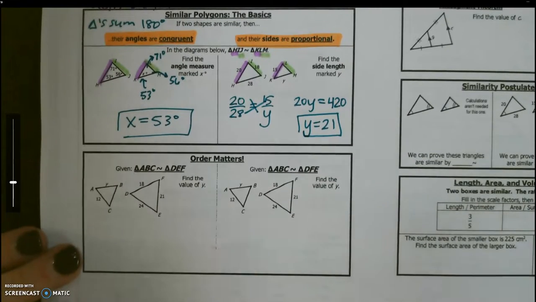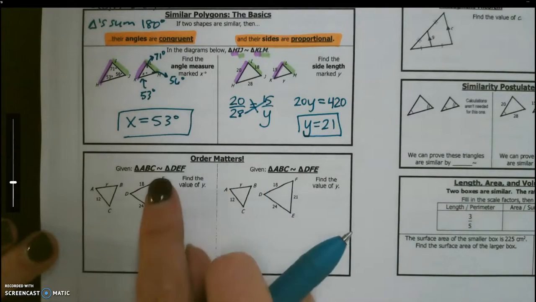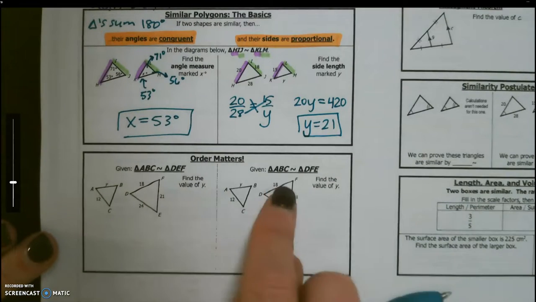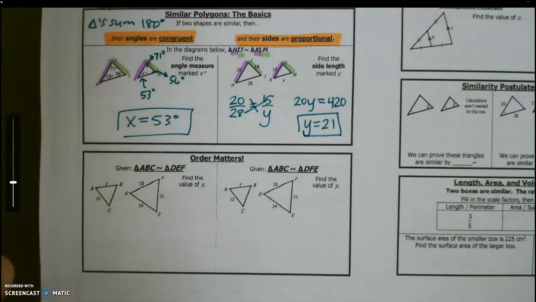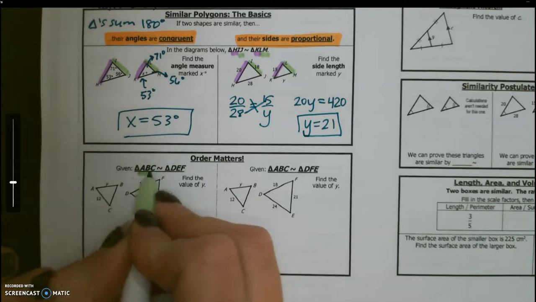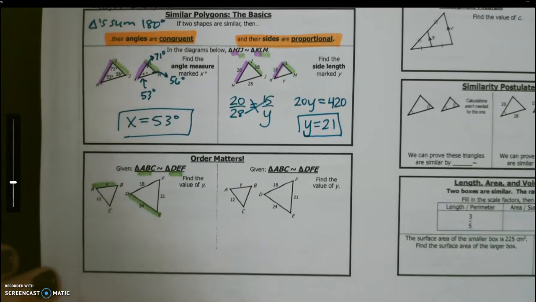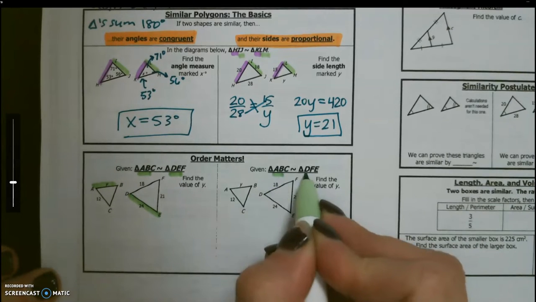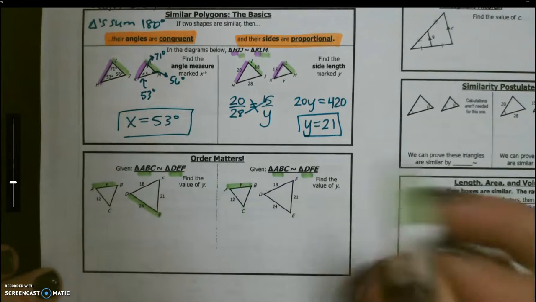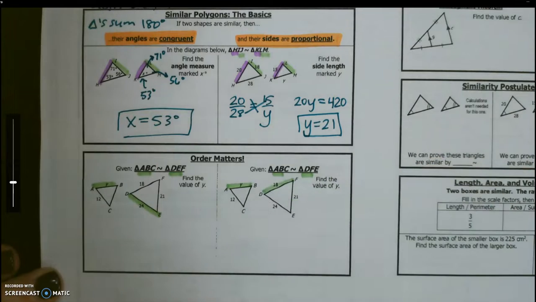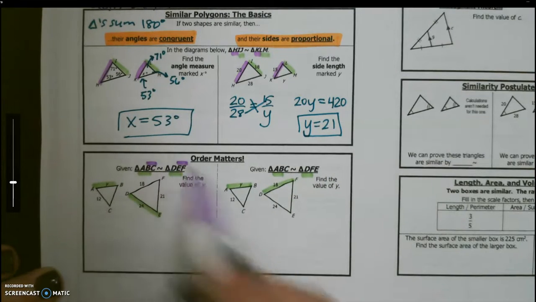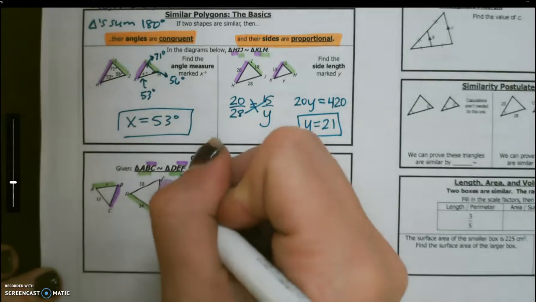We're going to have another conversation about the importance of the order. The only difference between these two pictures is the order of the statement. On this one, AB corresponds with DE. But on this one, they're saying AB corresponds with DF. In this picture, BC corresponds with EF.